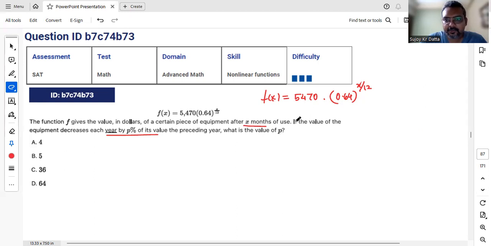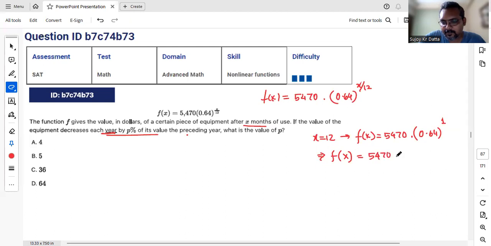In order to reduce the value by p% every year, that means x must be 12. So if I plug in x as 12, I am going to get f(x) is 5470 times 0.64 to the power 1, which basically boils down to f(x) equals 5470 times (1 minus 0.36).